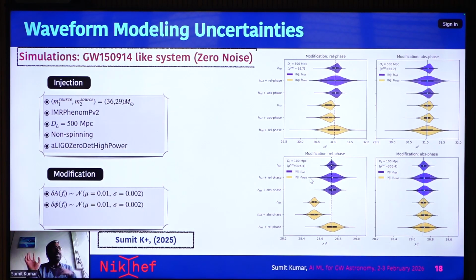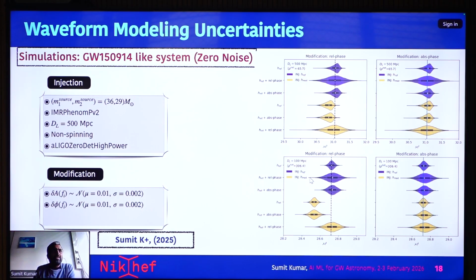So here are some simulations done for this scenario. What we did was introduce our own errors on a known waveform model and inject them, and then we try to recover them, A, with a model which does not know that there are errors, assuming there is no error in the waveform model, and B, by applying those corrections or uncertainty envelopes.